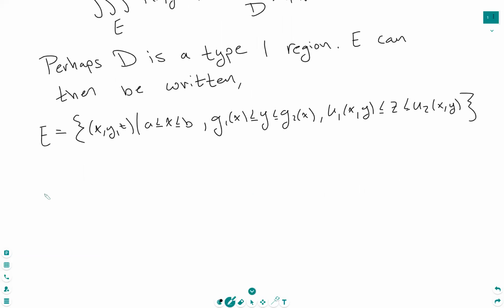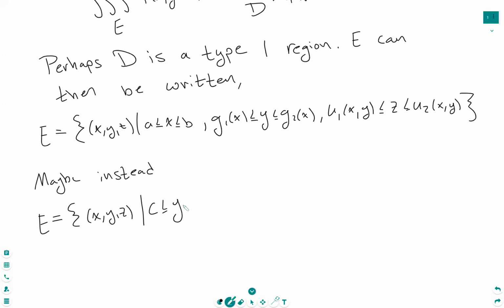Perhaps another way to write it: maybe instead E is the set of all points such that maybe y is bounded by D. I have that z is bounded by functions of y.